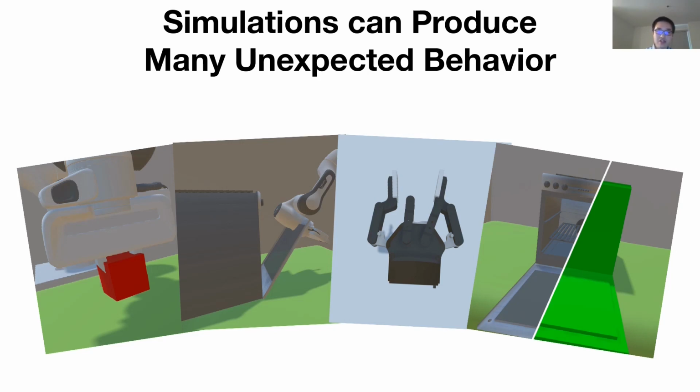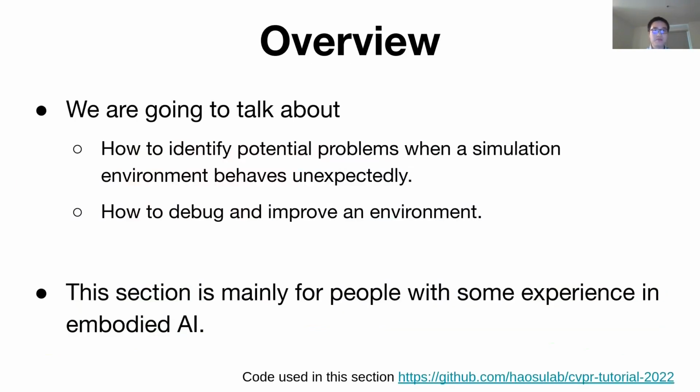And in this section, I'm going to talk about how to debug and work with these kinds of issues and how to improve the environments. First, I'm going to talk about how to identify potential problems when a simulation environment behaves unexpectedly. Next, I'm going to talk about how to debug and improve these environments.